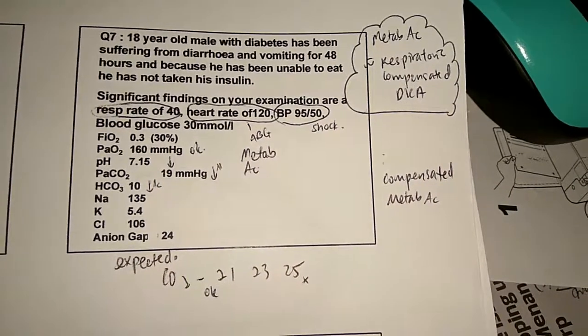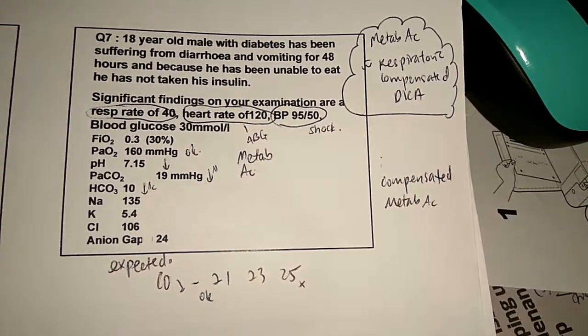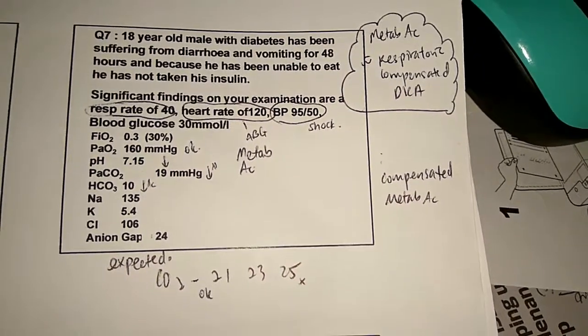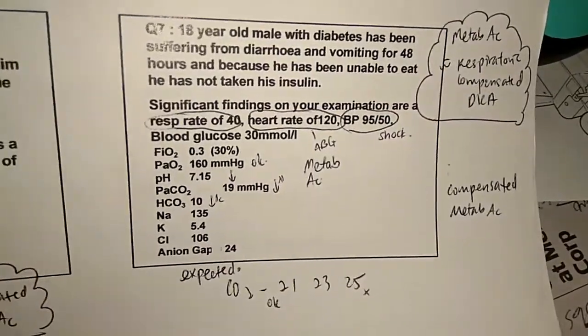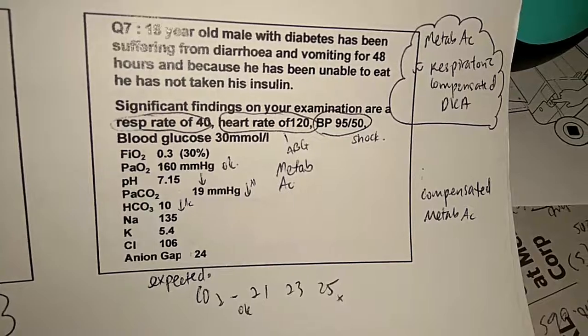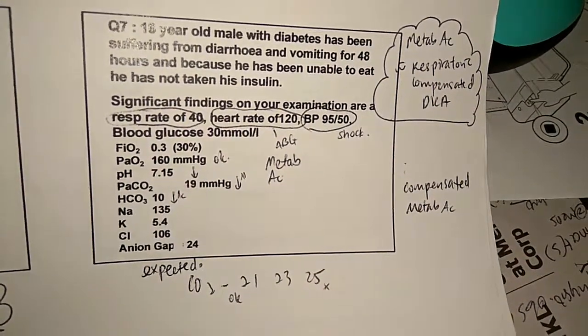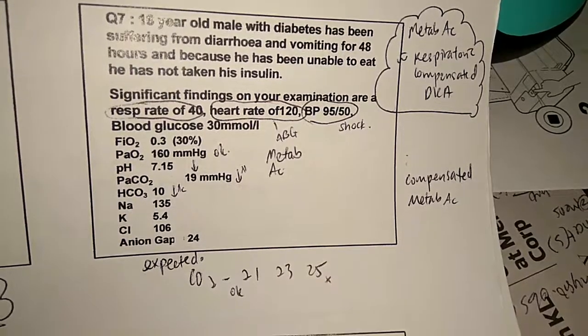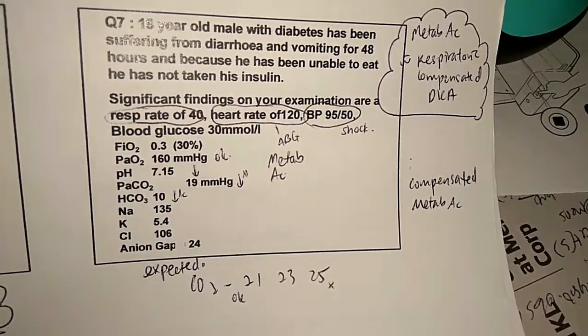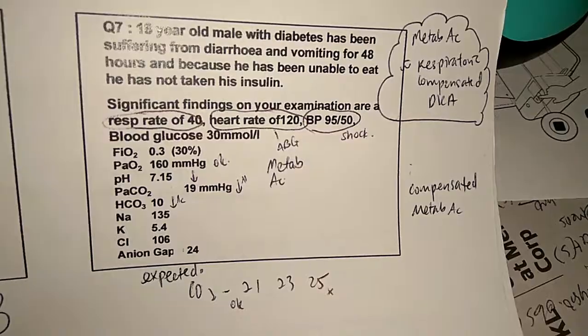This is another case of DKA, metabolic acidosis. Alright, in this case I want to highlight the anion gap. This patient has metabolic acidosis, anion gap of 24. Okay, it is a high anion gap.